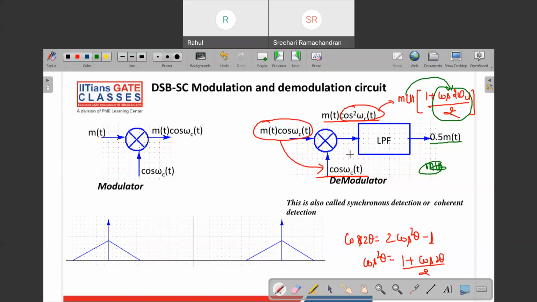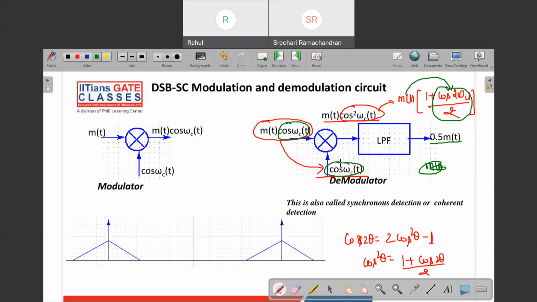Now here there is one problem: the phase of this cos ωct and the phase of this cos ωct has to be the same to get the signal back. Okay, if they are different, then also we can get the signal back, but there is some problem.